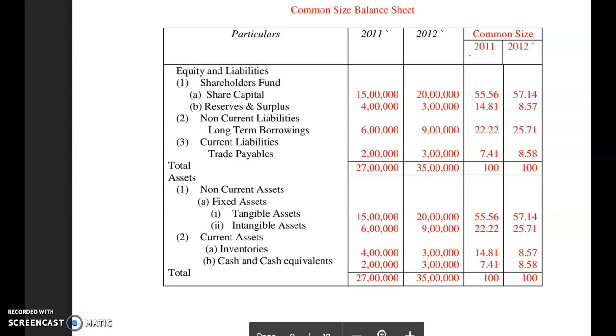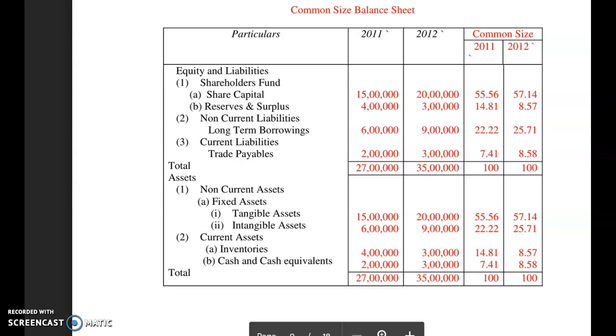55.56. Likewise, for reserve and surplus, 4 lakh. 27 lakh is equal to 100, 1 is equal to 100 divided by 27 lakh into 4 lakh, as the amount of reserve and surplus is 4 lakh. So this way, when you calculate, you would find the percentage 14.81.